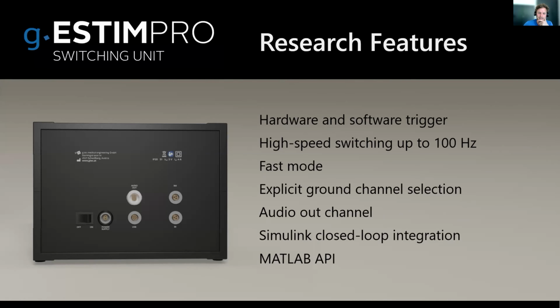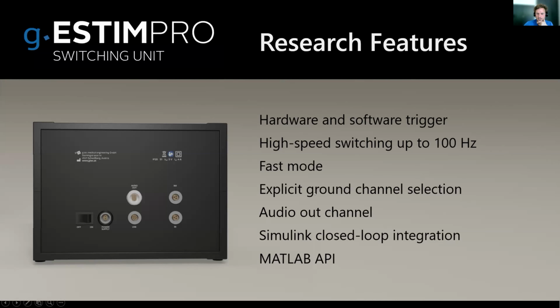It's called fast mode, where we are stripping away the disconnection from the amplifier. So in this mode, the switching unit remains always connected to the amplifier at all times. So this saves a little bit of time. So this allows us to speed up the channel switching up to 200 Hertz, so a factor of 2.